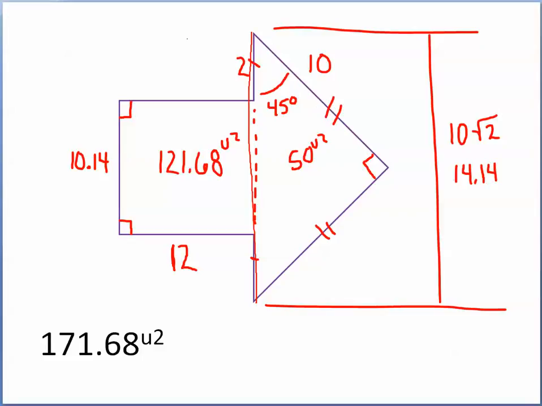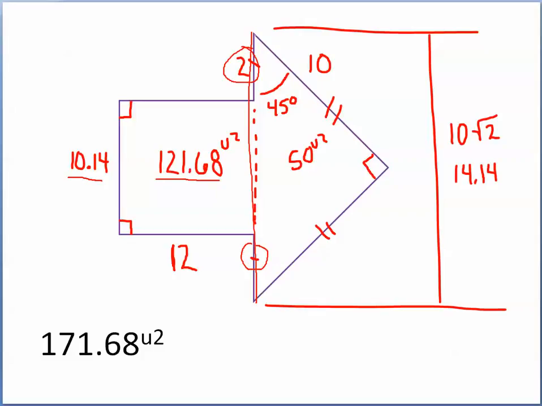Subtract 4 from that. We're subtracting 2 here, and we're subtracting 2 here, which means that this now becomes 10.14, which means that this area right here is 121.68 units squared.